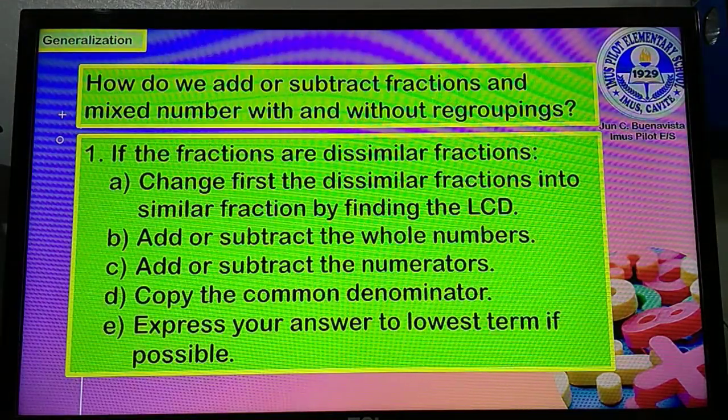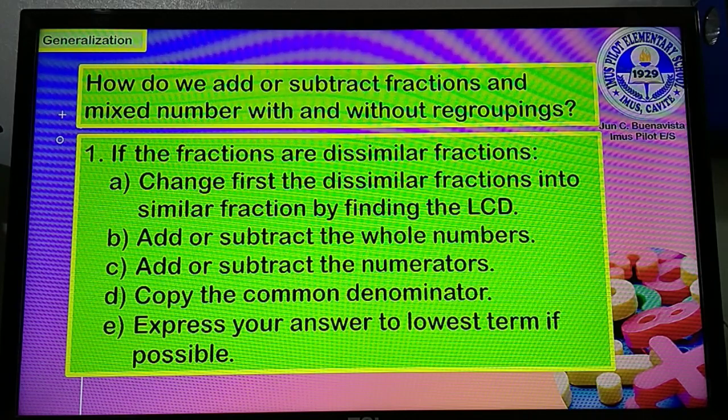Okay. If the fractions are dissimilar fractions, the first thing you do is change the dissimilar fractions into similar fractions by finding the LCD, or the least common denominator.